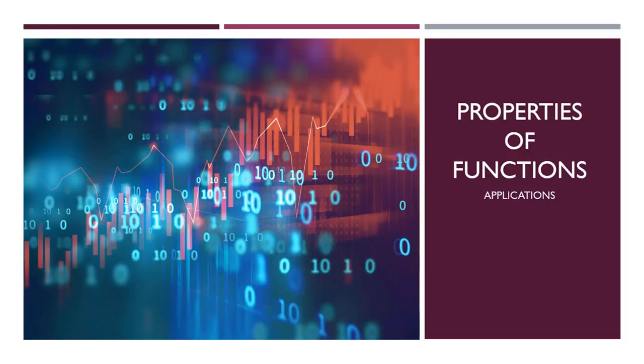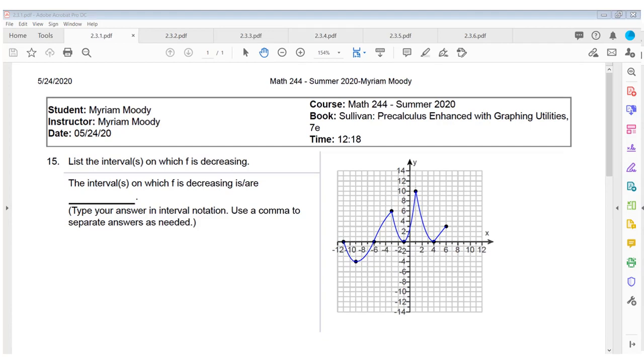Okay, so let's talk about some properties of these functions. Let's take a look at this graph. This graph is asking us to find the intervals on which this function is decreasing. I'm also going to ask us to find where it's increasing and where it may be considered constant. Now, when you read a graph, you always read from left to right. Why?